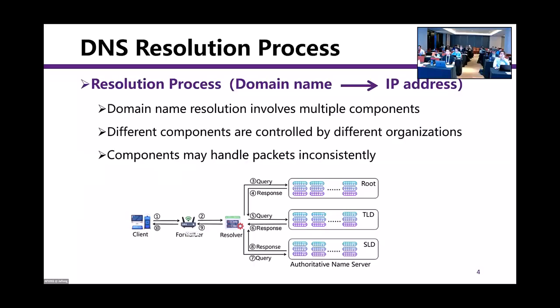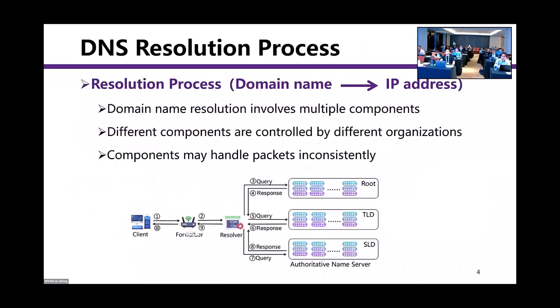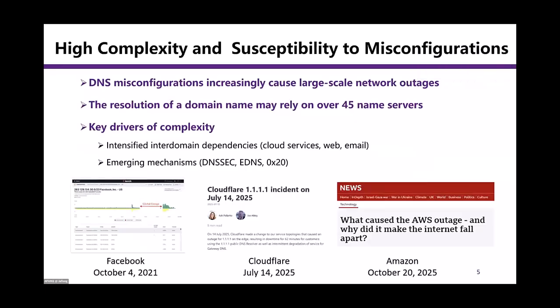Additionally, each level of these name servers comprises multiple servers deployed across different locations, and different components may handle the packets differently. For example, some may drop and some may process because they are handled by different organizations. The multi-component nature makes the domain name system extremely complex and prone to configuration errors by admins.